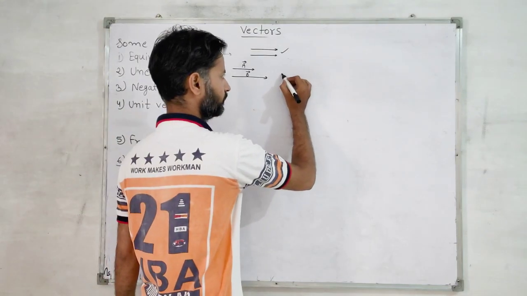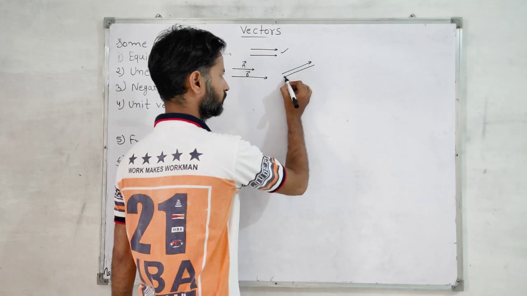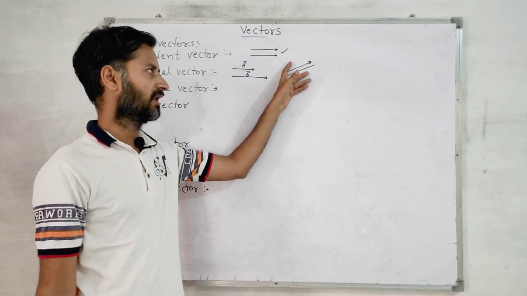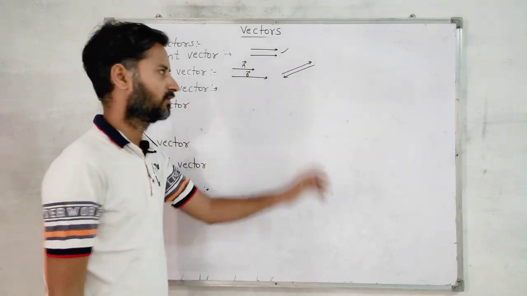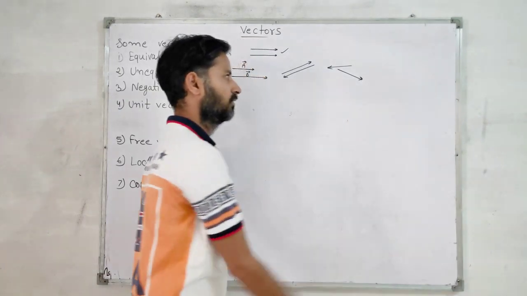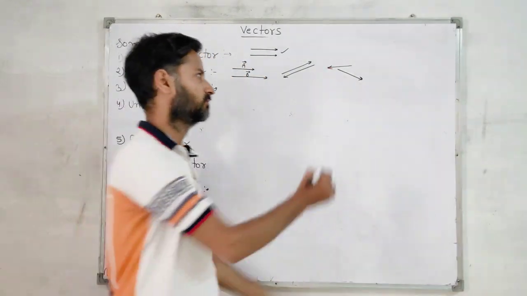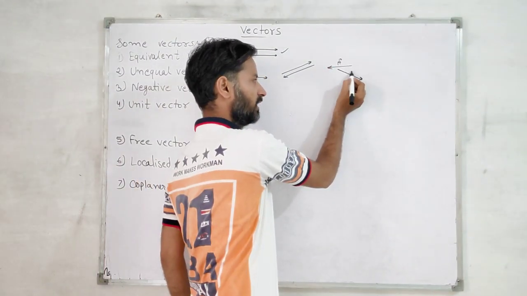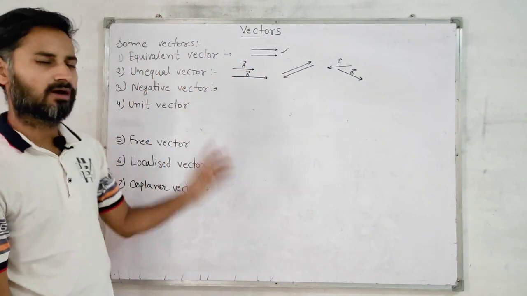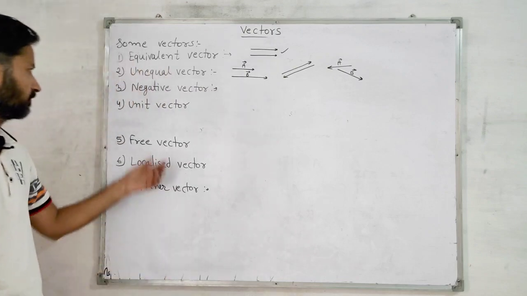Or these vectors have different direction but have same magnitude, and these two vectors have different magnitude and different direction. So these are three examples of unequal vectors.